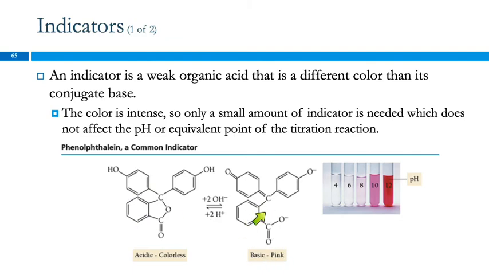Then it turns pink. This is showing the color of it at different pHs. There's 4 and 6. And at pH 8, we're getting this faint pink color. And if we go farther to 10 and to 12, it gets more intense because more of the phenolphthalein is changed into the pink form.